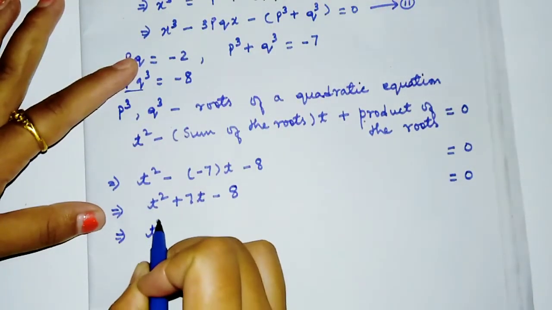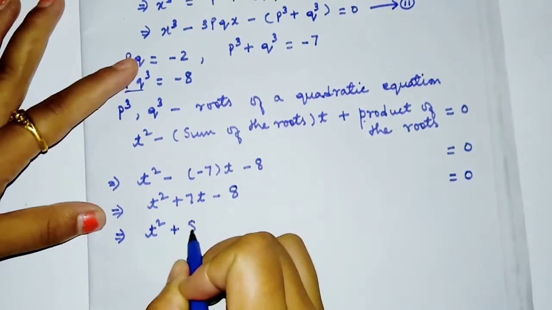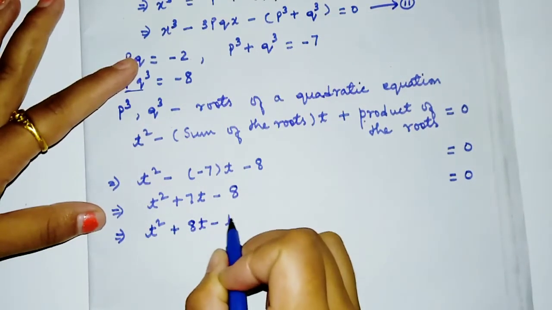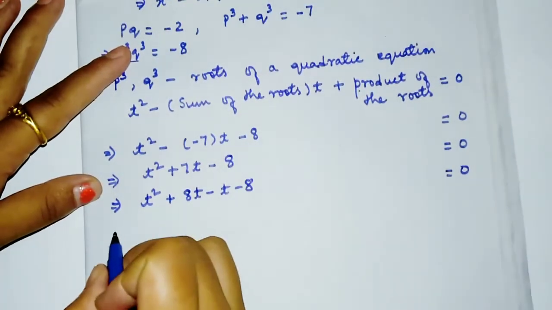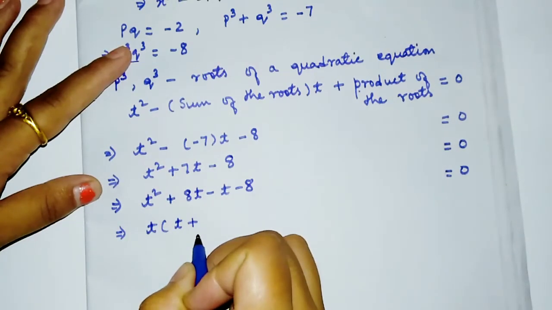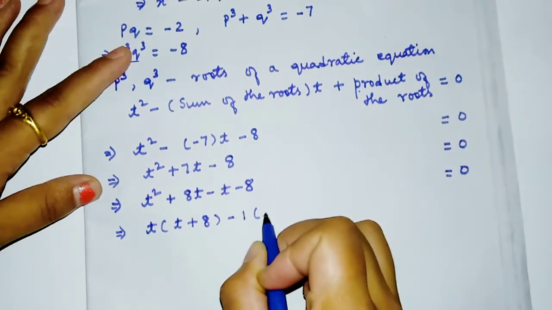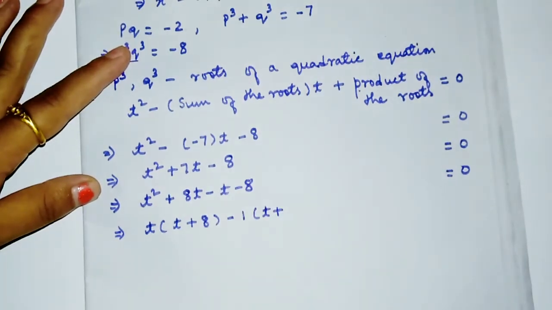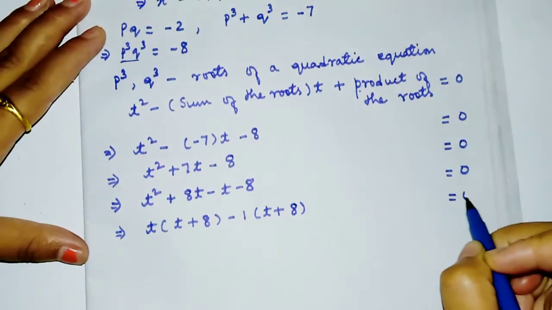Then we shall solve this one by splitting the middle term. t square plus 8t minus t minus 8 equal to 0. Then we have t into (t plus 8) minus 1 into (t plus 8) equal to 0.